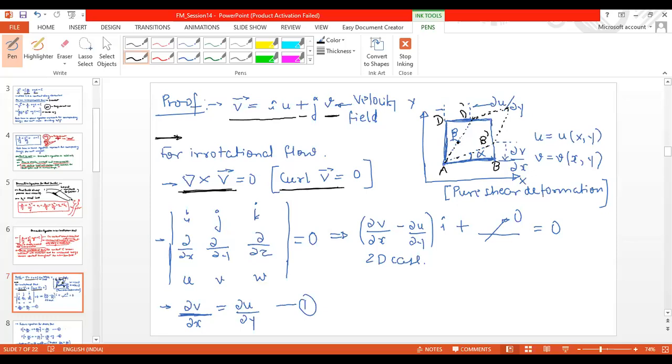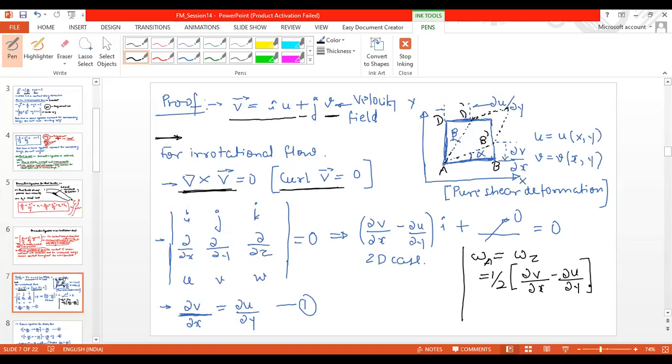So what is the rotation factor here? Very important thing: generally we define the rotation about A, or about the Z axis, the axis perpendicular to this point A, as 1 by 2 times (delta V by delta X minus delta U by delta Y).